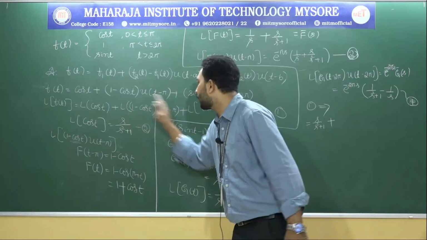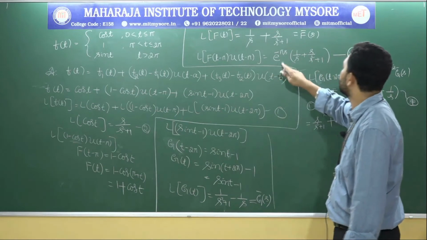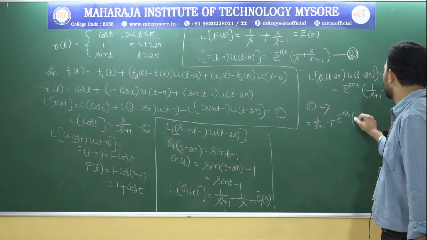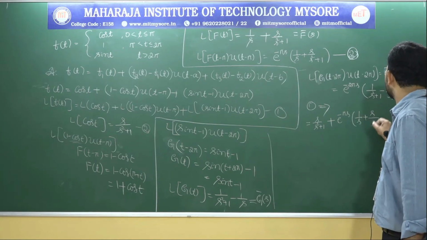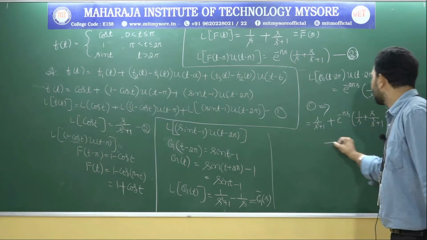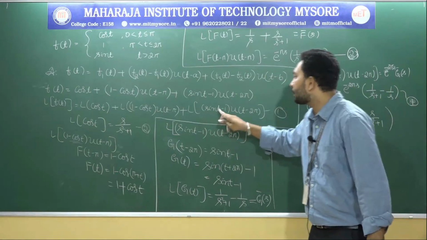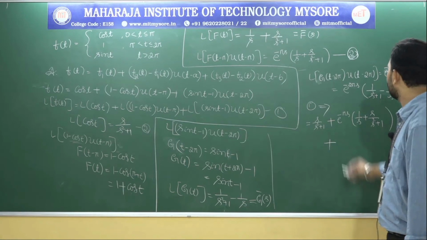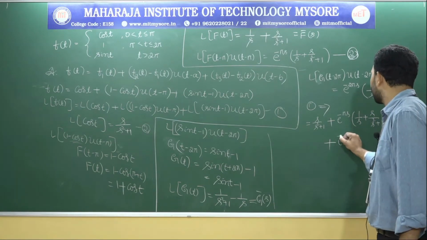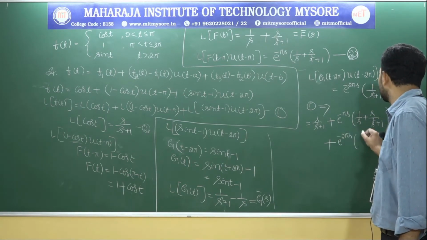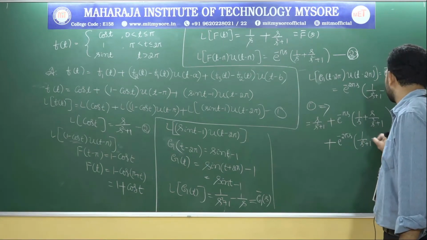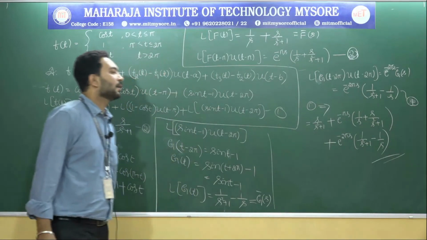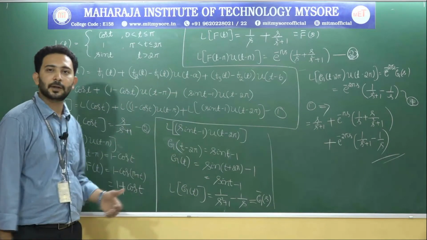Plus next, Laplace of 1 minus cos t into u into t minus pi, equation 3, is e power minus pi s into 1 by s plus s divided by s square plus 1. Plus next, Laplace of sin t minus 1 into u into t minus 2 pi, equation 4, is e power minus 2 pi s into 1 over s square plus 1 minus 1 by s. So this is the result for this problem.